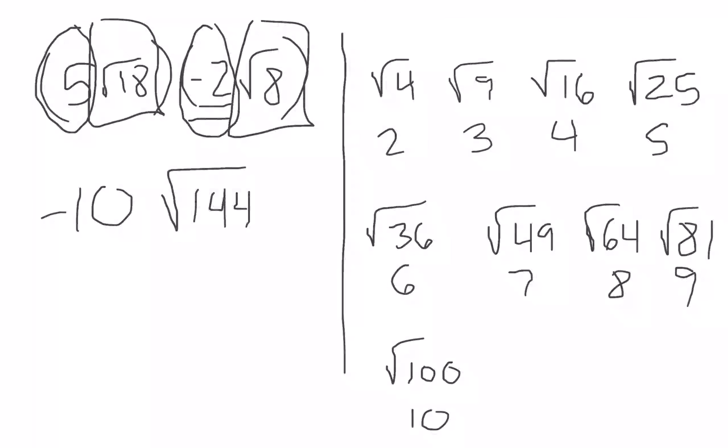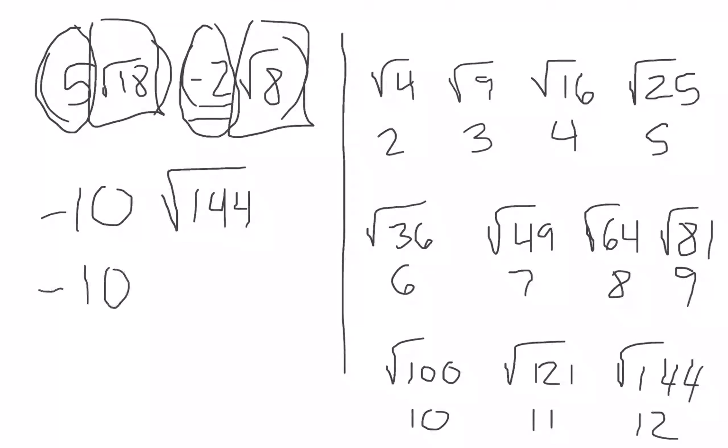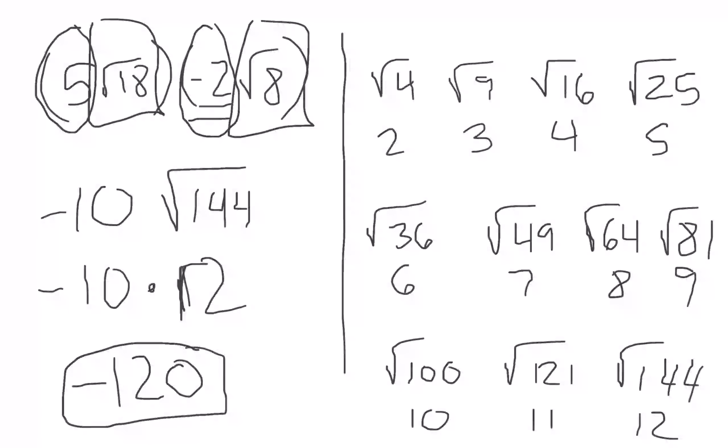And I know what the square root of 144 is. If I kept extending my chart down here, 11 would be 121, and 12 would be 144. So the square root of 144 is 12. So negative 10 times 12 would give me negative 120. And that would be my final answer.